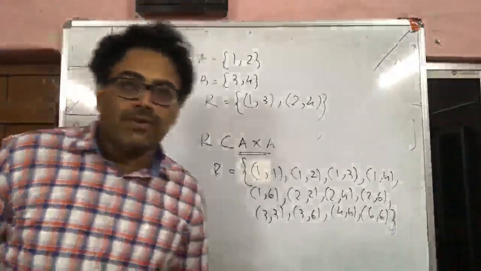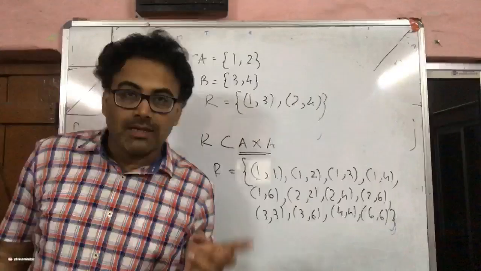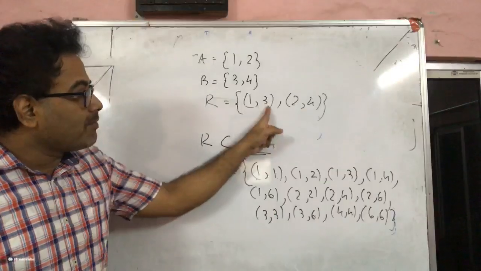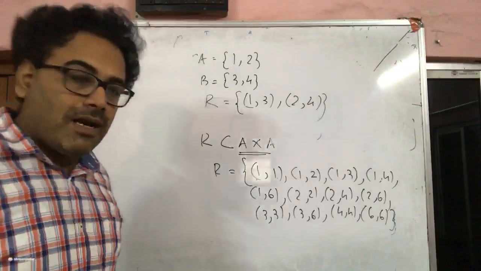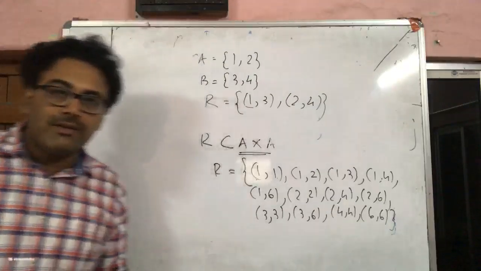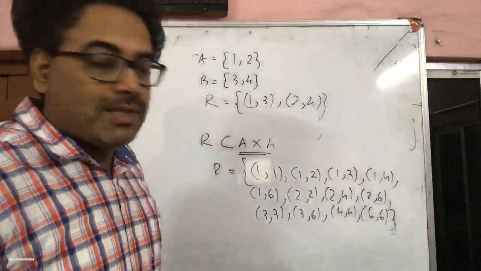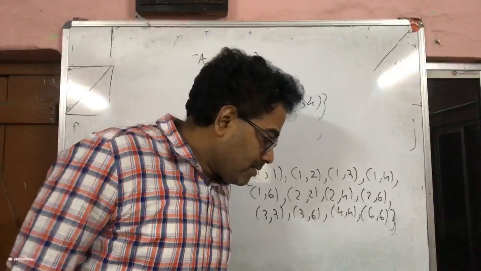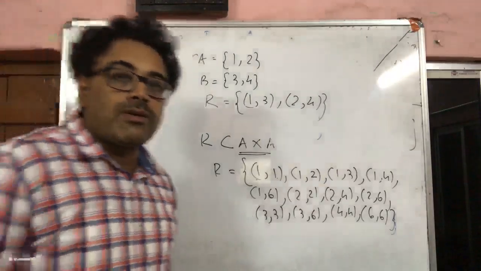Now see, for each x there is a unique y. For one x I am getting one y, but are we getting the same thing over here? For each x I should get a unique y. Right? Yes or wrong?